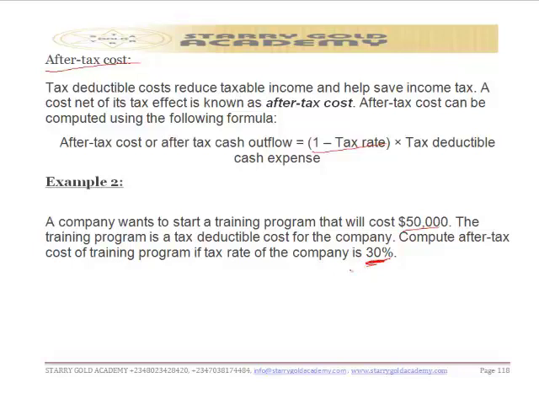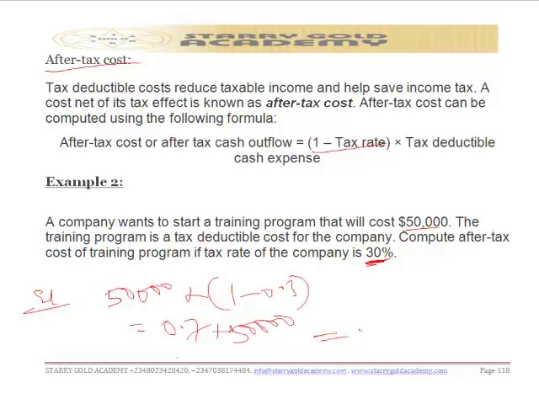benefits. And how do we do this? Solution: the taxable cost is 50,000 multiplied by 1 minus 0.3, which is tax. So it is equal to 0.7 times 50,000.